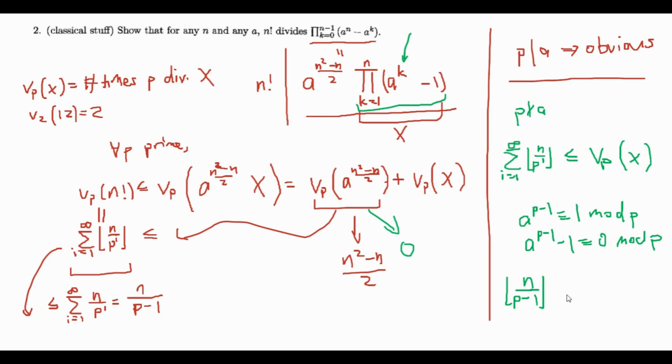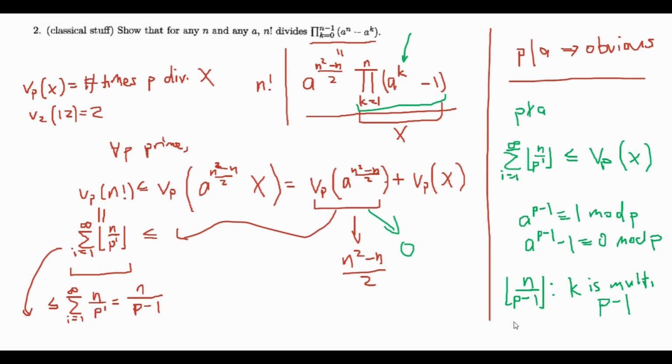So there are this many terms where k is a multiple of p minus 1. So what does this tell us?